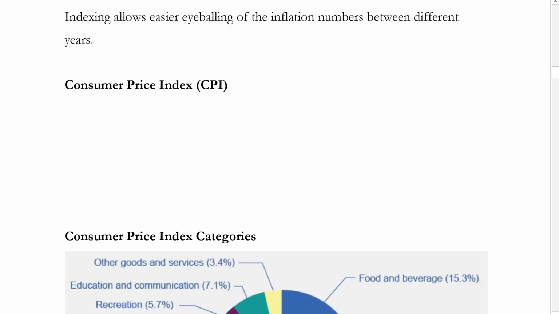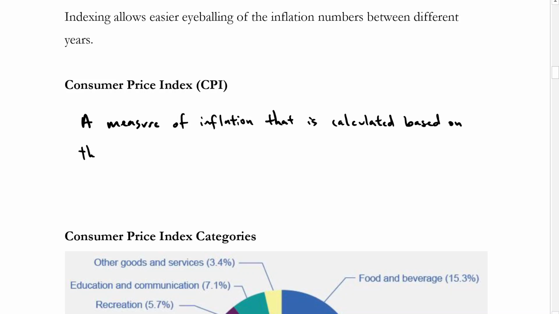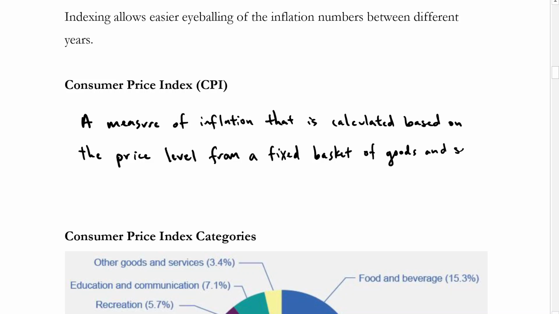All right, so consumer price index. This is a measure of inflation that is calculated based on the price level from a fixed basket of goods and services that represents the average consumer's purchases.